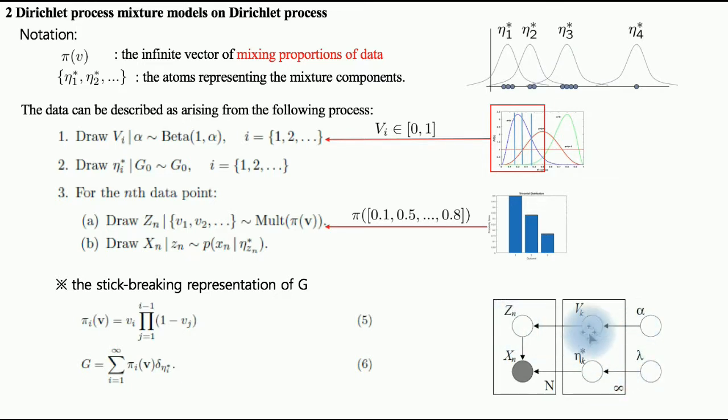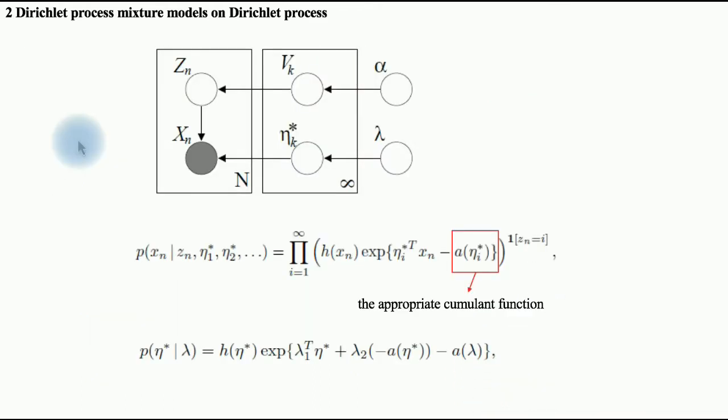Each node denotes a random variable, the arrows denote possible dependence, and plates denote replications. Previously, the stick-breaking construction for the DP mixture was depicted as a graphical model.